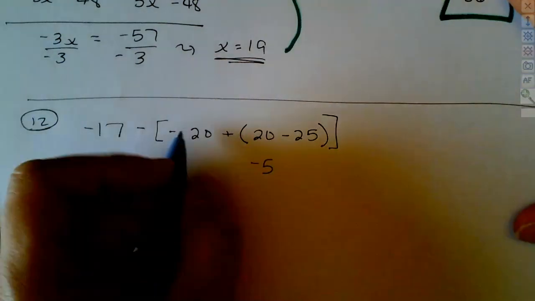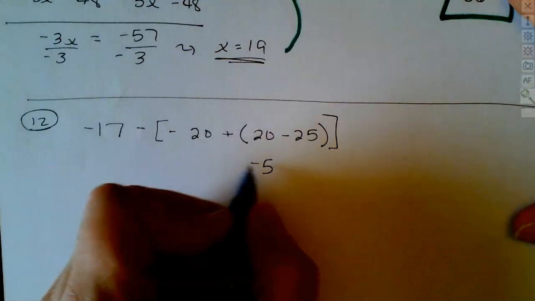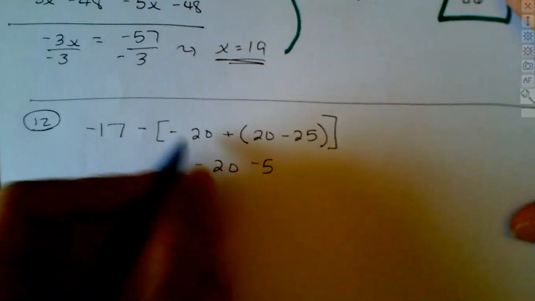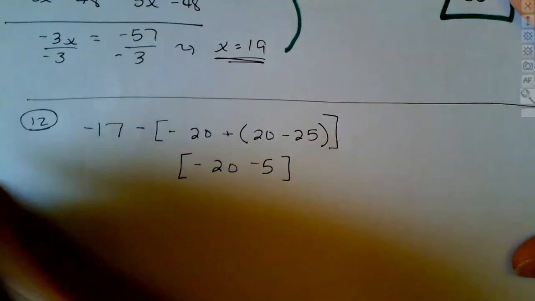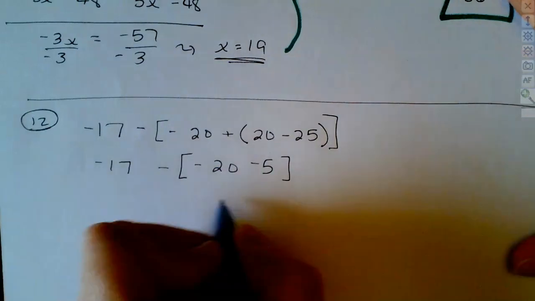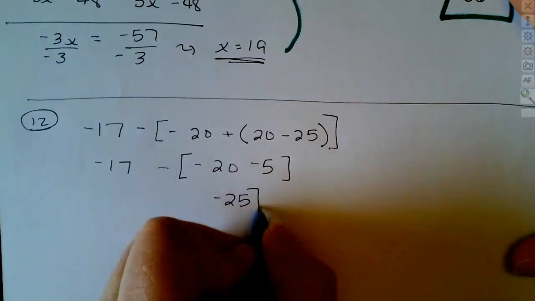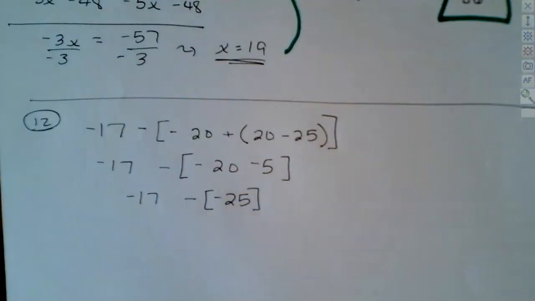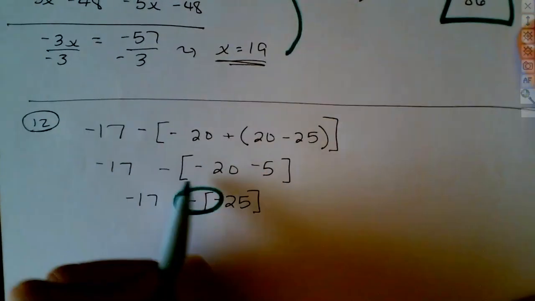And then we still have, you could bring the plus sign down or just get rid of it because plus and minus makes it a minus. A minus 20. Those can go together. Minus 20 and minus 5, well, that's a minus 25. And watch your square bracket. Square brackets are just like parentheses. Double negative here.